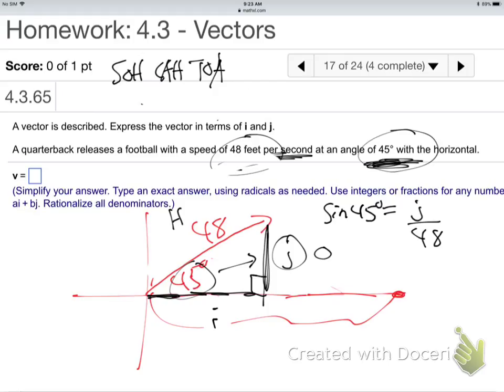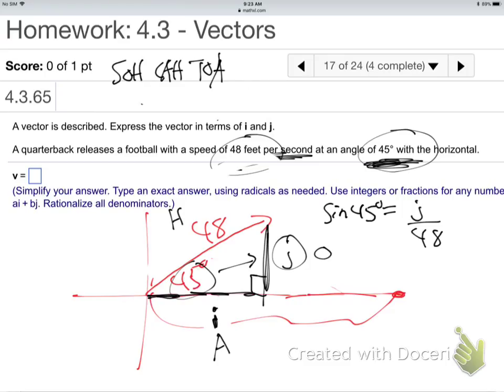Whenever you have a right triangle, you can do Sohcahtoa. Sine of 45 is opposite over hypotenuse. The A is the adjacent side, right next to the 45. The opposite is across from the 45, and the 48 is the hypotenuse.